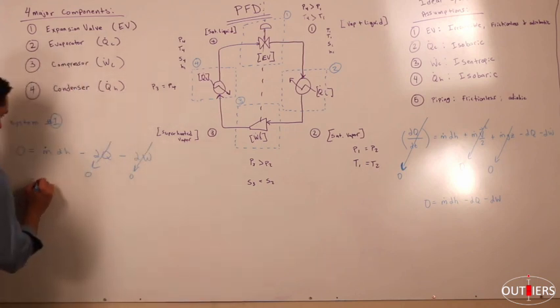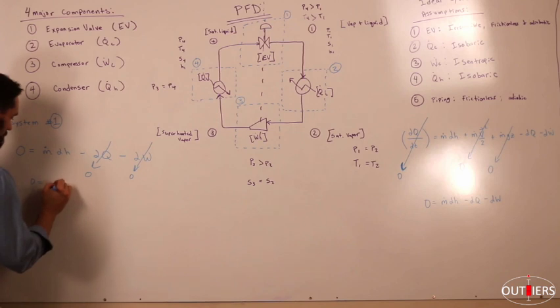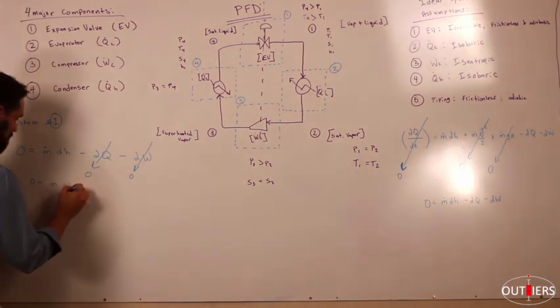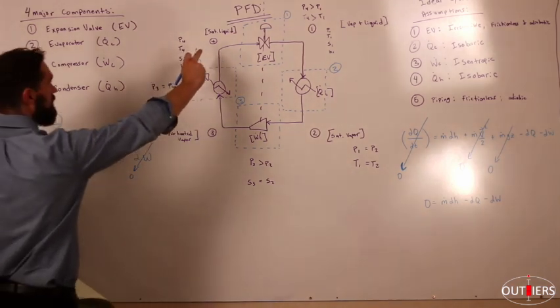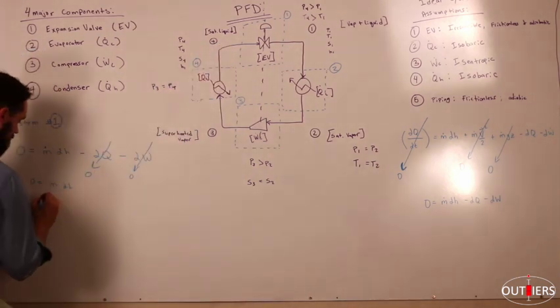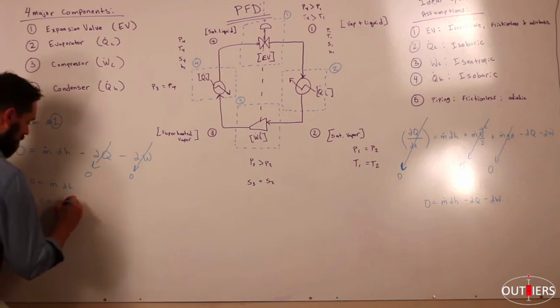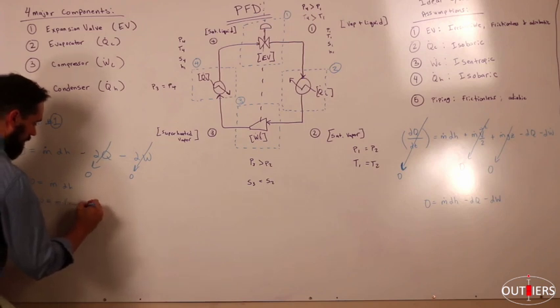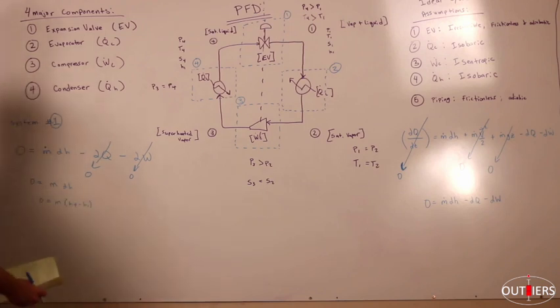Therefore, if we go from state 4 to state 1, and we evaluate this differential here, what we wind up having is M times H4 minus H1. That's our system 1 balance.